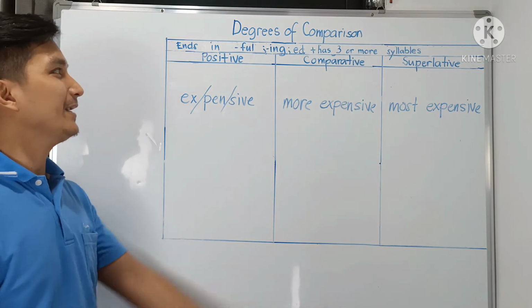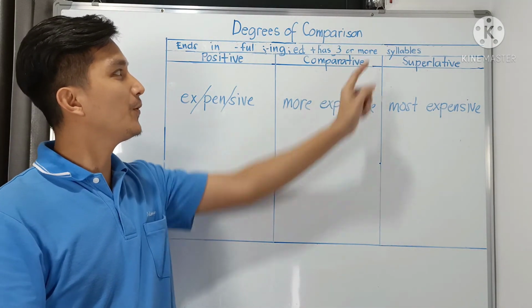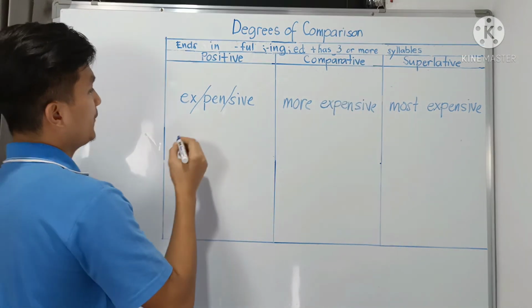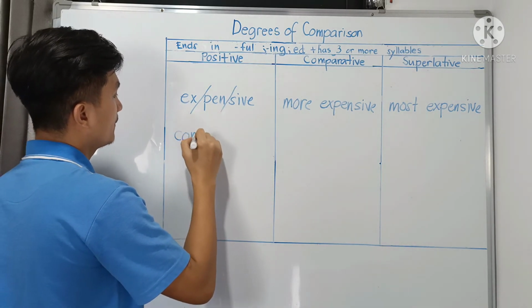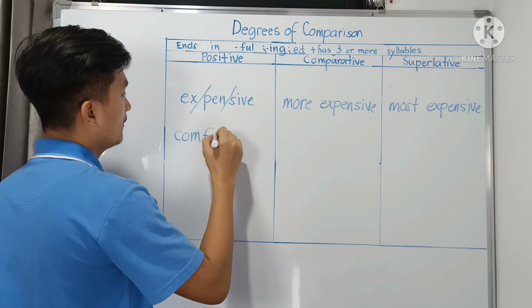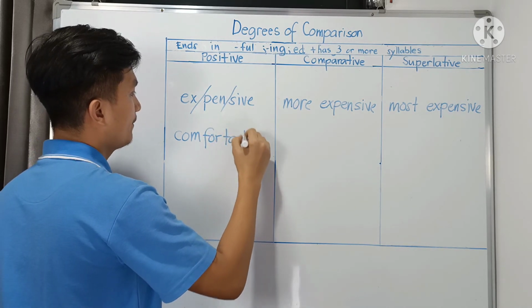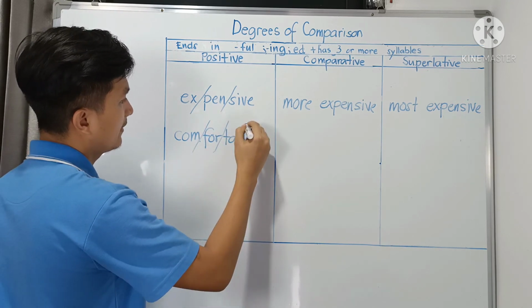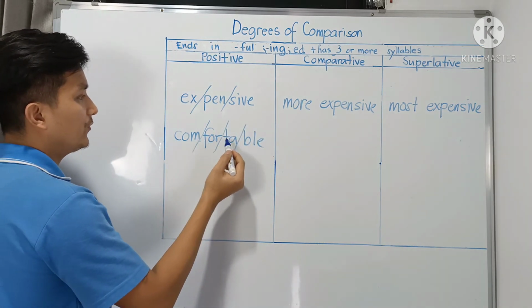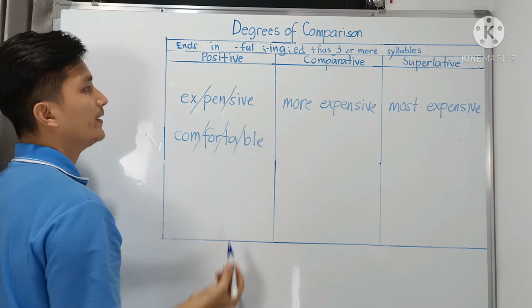All right. How about if there are more syllables? For example, the word comfortable. Comfortable. All right, so let's count it. 1, 2, 3, 4, right? Comfortable.